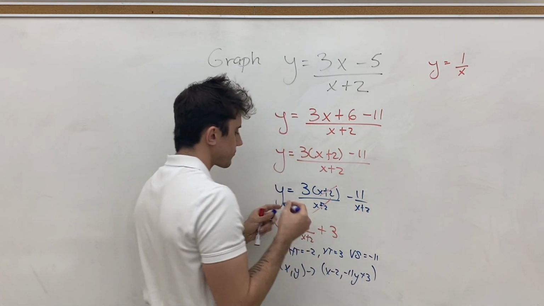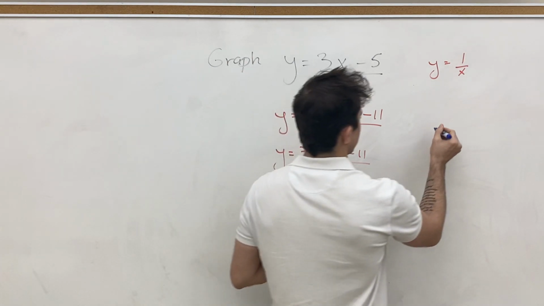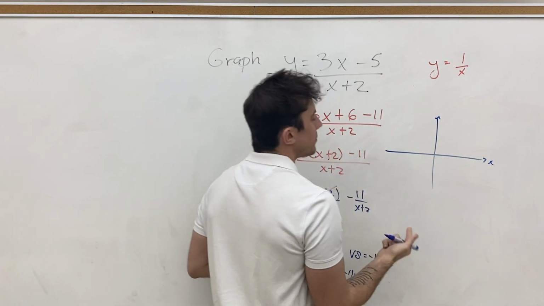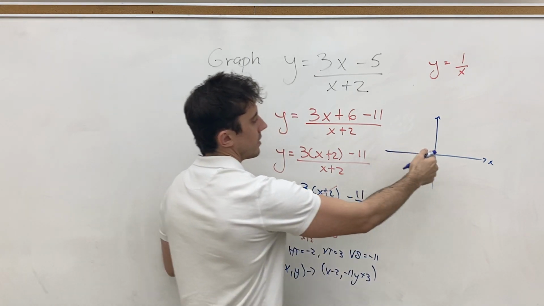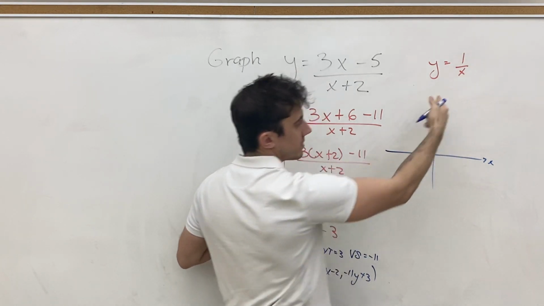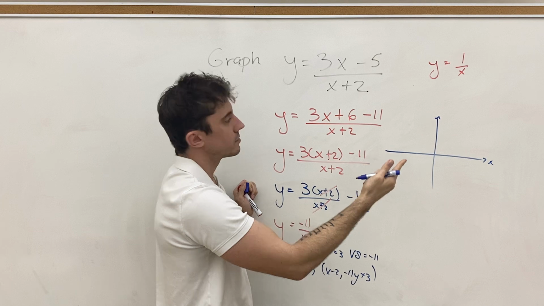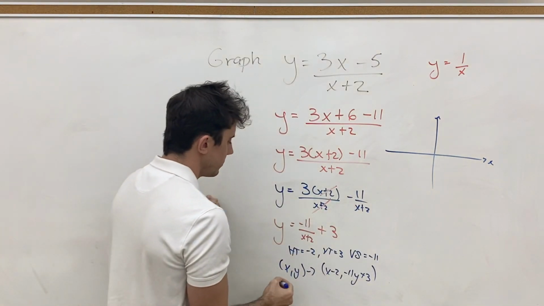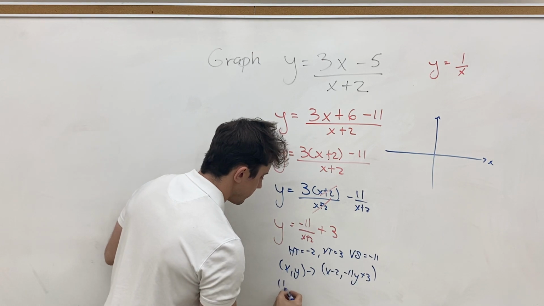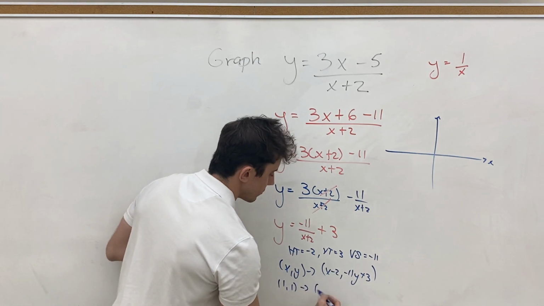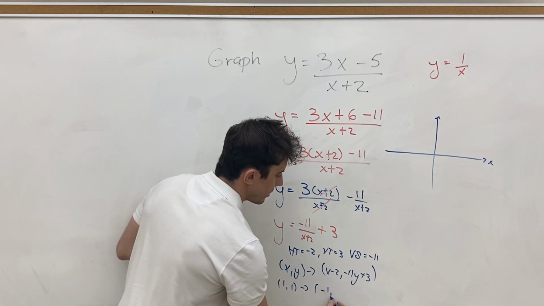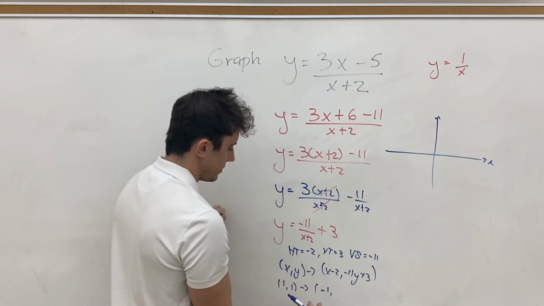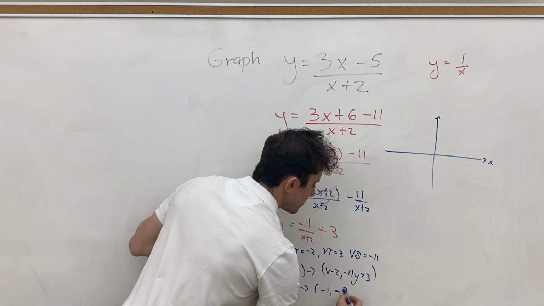And so if we aim to sketch that quickly on a graph, typically we have the points 1 and 1. We know that's obviously a point on the original parent function. So the point 1 and 1 going through this mapping rule would go to 1 minus 2, which is negative 1, and 1 times negative 11 plus 3 is negative 8, right?